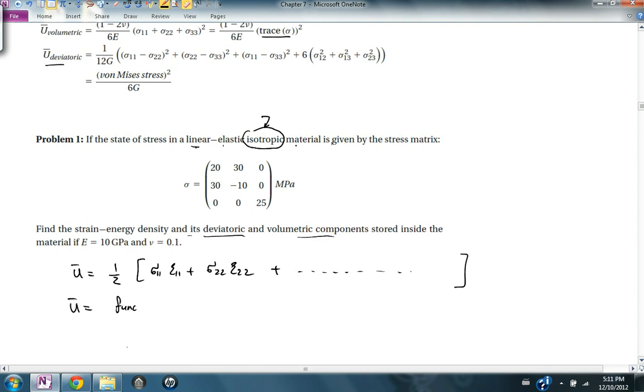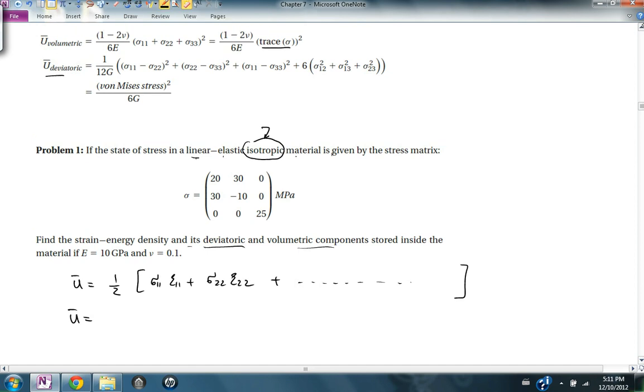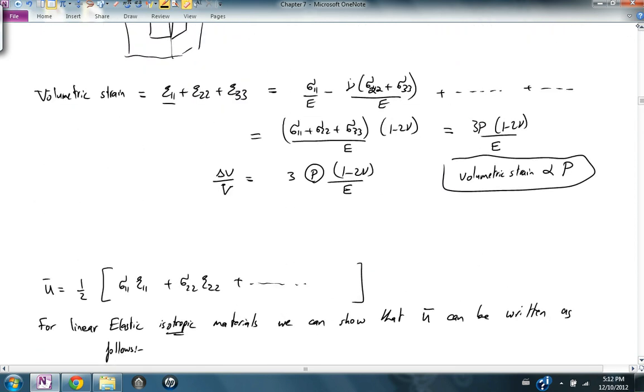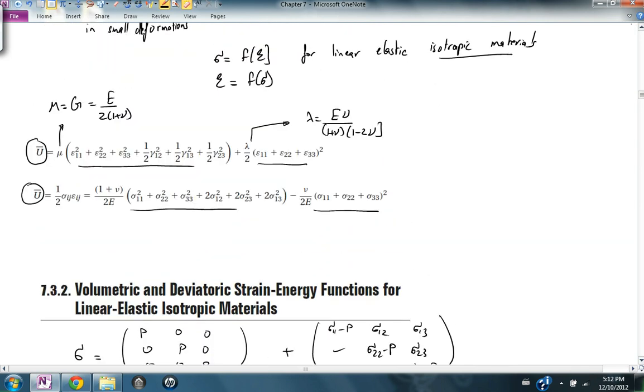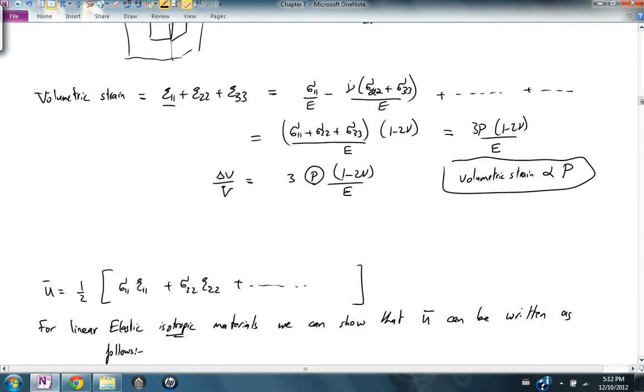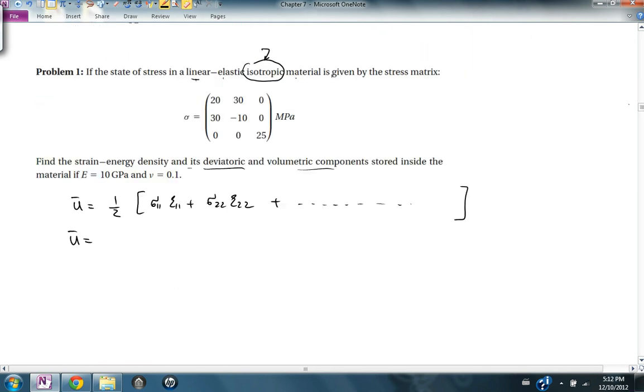I can replace epsilon with the stresses, so I can utilize the form that says that the strain energy in a linear elastic isotropic material, as I'm scrolling up, is a function of the strains or the stresses. Function of stresses from above, or I can maybe write it again here.